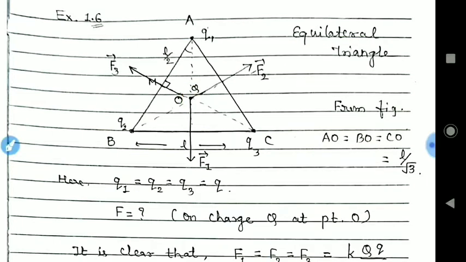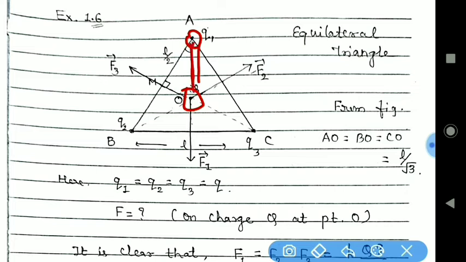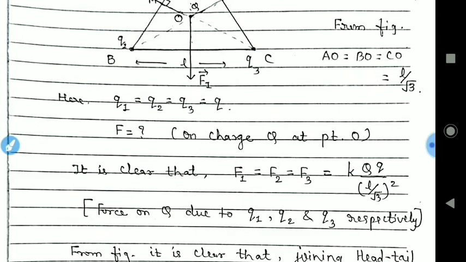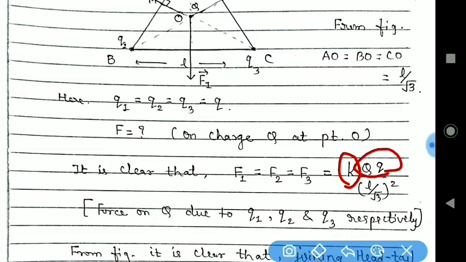Now the force on this charge Q at the center due to the charge at point A, which are separated by this distance, that is AO, is given by Coulomb's formula, that is K, product of the two charges, upon the distance between them squared.